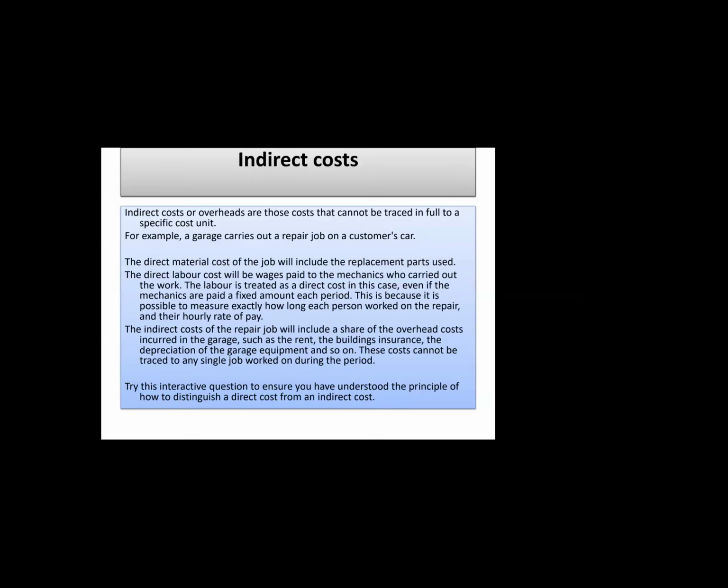For example, a motor garage carries out a repair job on a customer's car. So the direct material cost of the job will include the replacement parts used. The labor is treated as direct cost in this case, even if the mechanics are paid a fixed amount each period. This is because it is possible to measure exactly how long each person works on the repair and their hourly rate of pay.